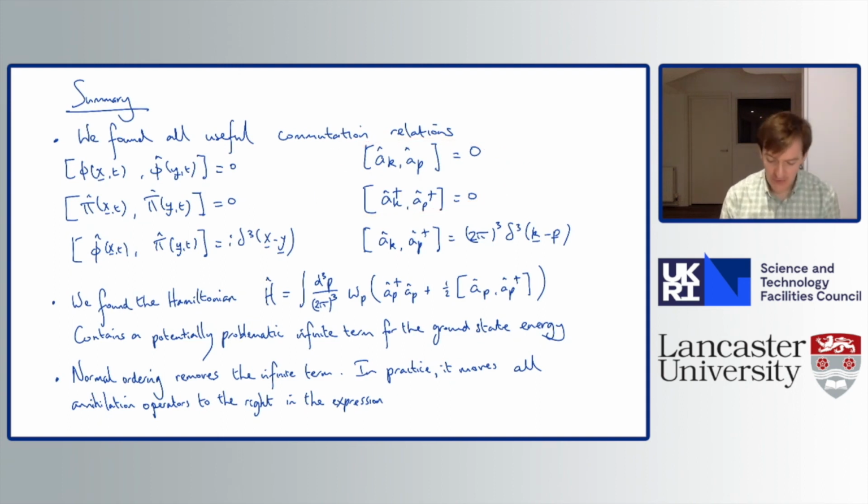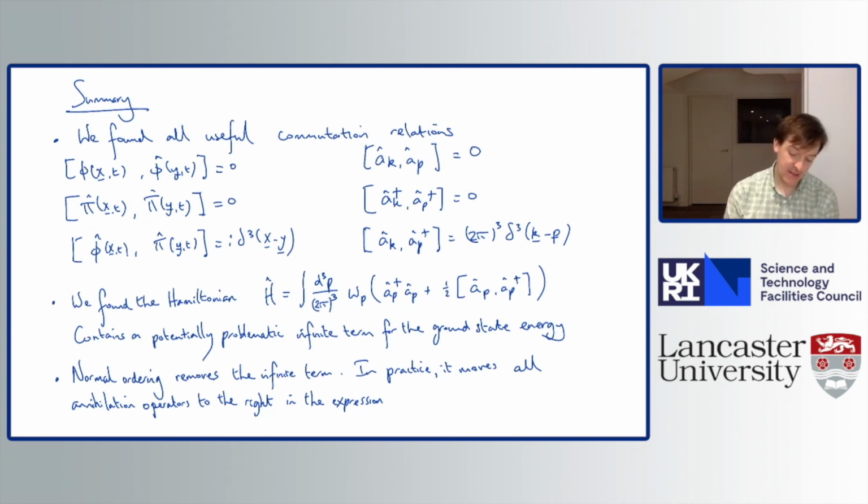What else did we do? Well, we found the Hamiltonian for this theory. So we find a piece that was kind of as we expected, but we had this slightly problematic piece that gives rise to an infinite contribution to the ground state energy. So we discussed that a little bit and why it's potentially a problem.